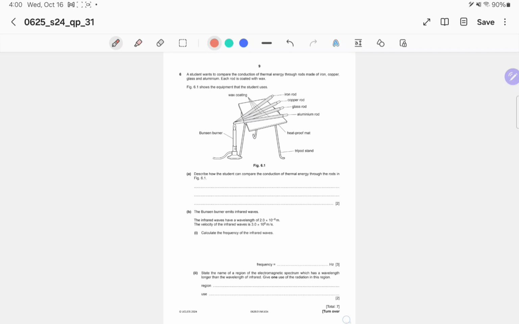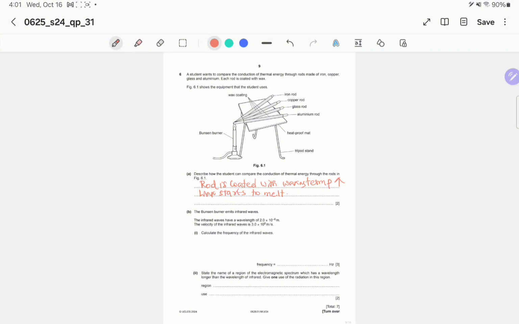As the rod is coated with wax and the temperature rises, the wax starts to melt.